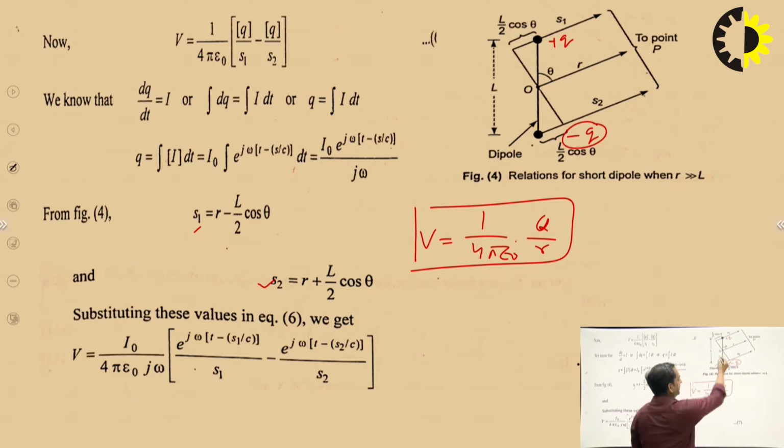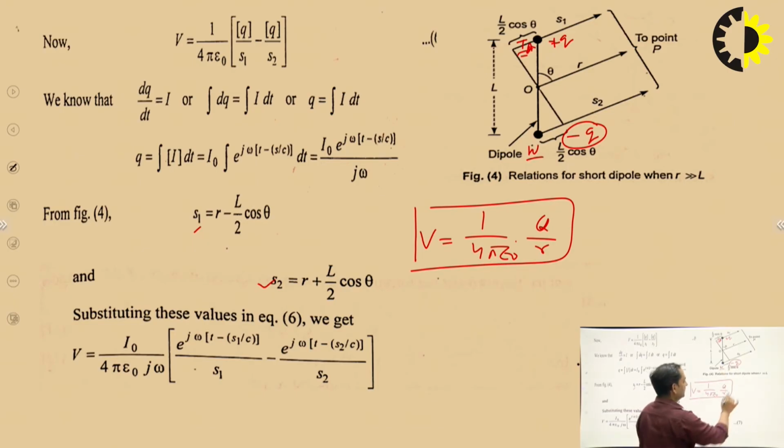Suppose this one is the point T and this one is the point W, just for example. So at point T plus Q charge is accumulated, at point W minus Q charge is accumulated.